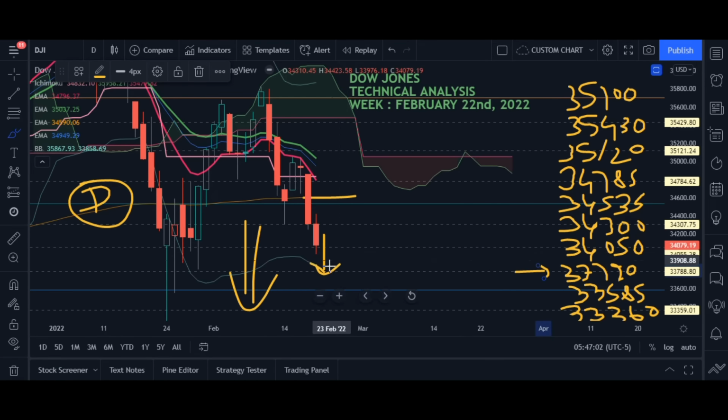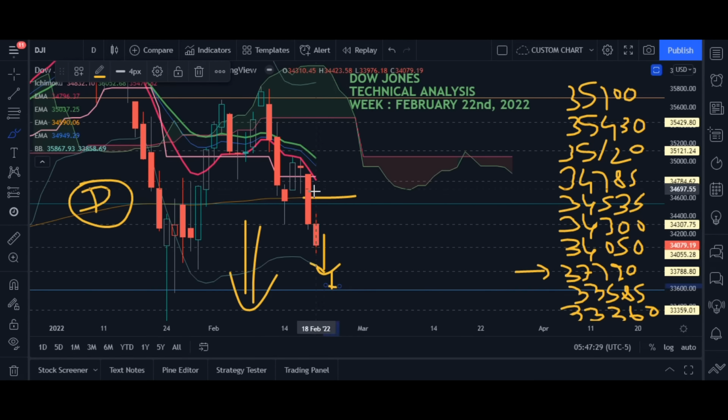So on Tuesday it is expected that the market will remain somewhere around here or maybe to this level. Now on 23rd of February, this 200-day moving average will be here, but this moving average will come down and will be here.